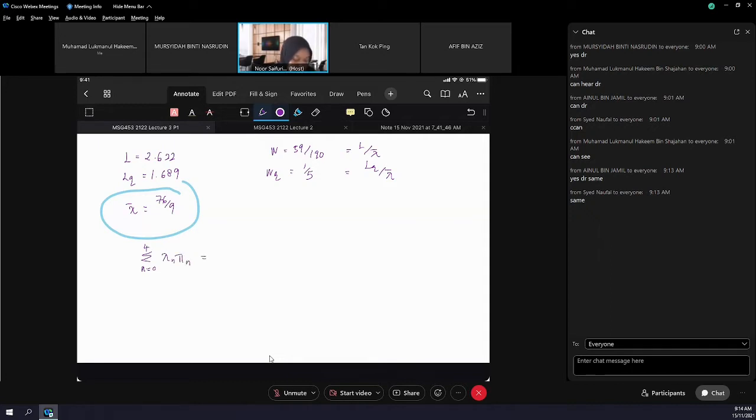So 76 over 9. In decimal, what should we get? 8.44. Did everyone manage to get the same value?